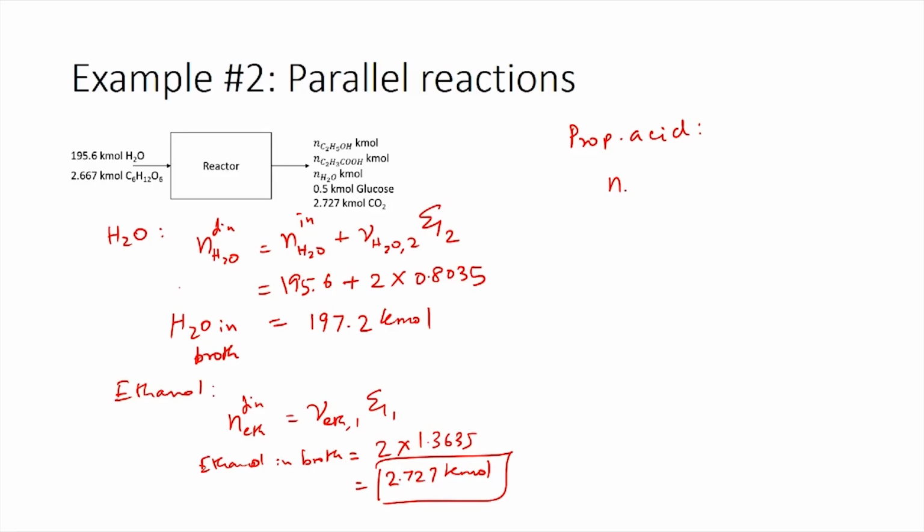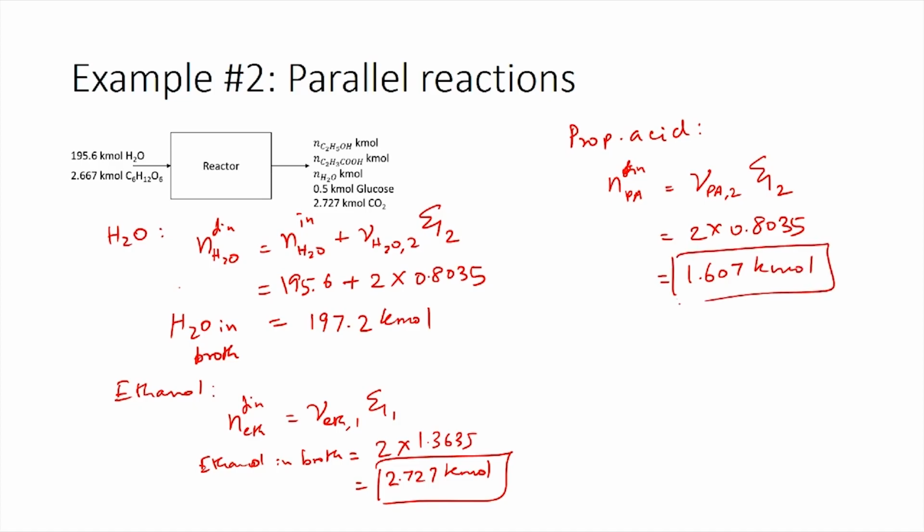So, propanoic acid in the final condition would be equal to stoichiometric coefficient of propanoic acid in the second reaction times extent of reaction for the second reaction, which is 2 times 0.8035, giving you a value of 1.607 kilomoles. With this, we have the number of moles of each of the components present in the final broth.